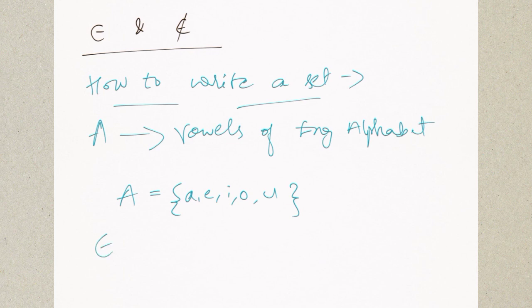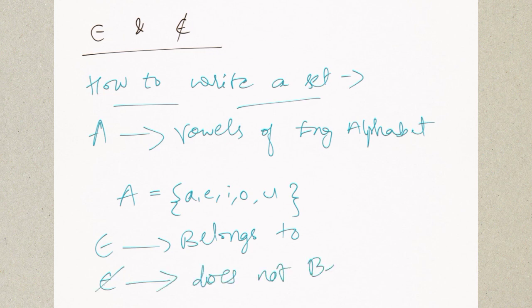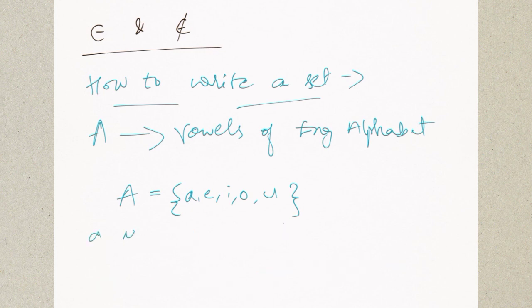This looks similar to E, but it is called belongs to. When you want to write belongs to, you can simply use this symbol, and when this symbol is cut, it means does not belong to. Simple. If I have to tell that A is an element of set A, then I can simply write A belongs to set A. Very simple.